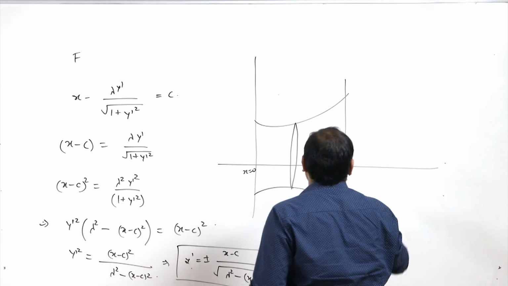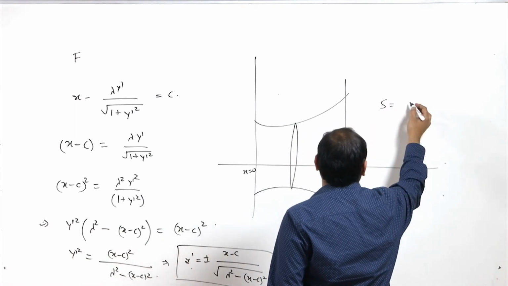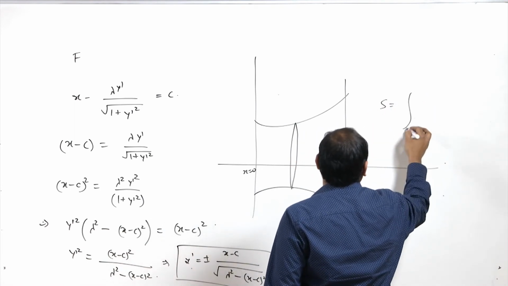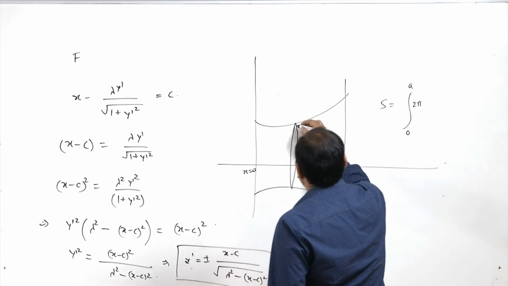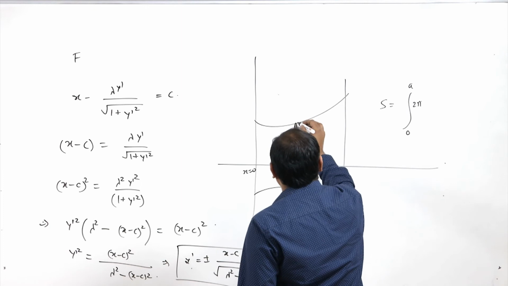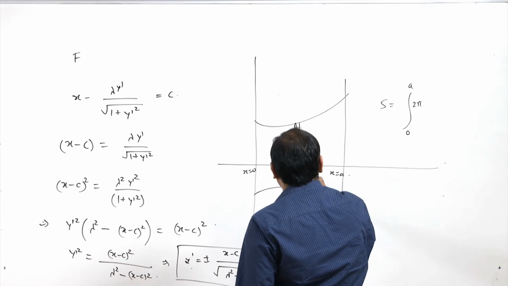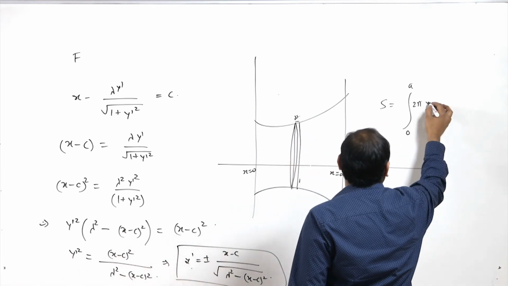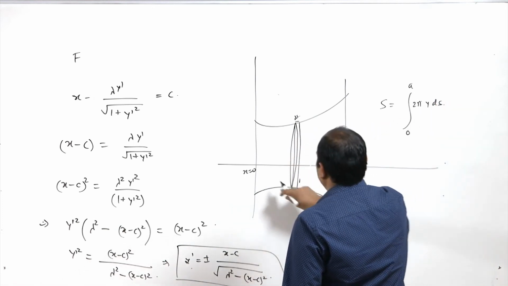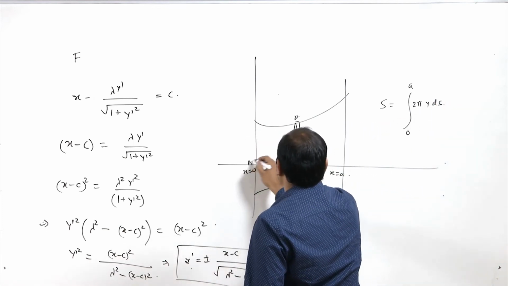Okay. So here what is the surface area? Surface area is your integral from 0 to a of 2 pi y ds. You just take the surface element here, let us say this is ds. So it is 2 pi y ds between this point, call it say a to b.